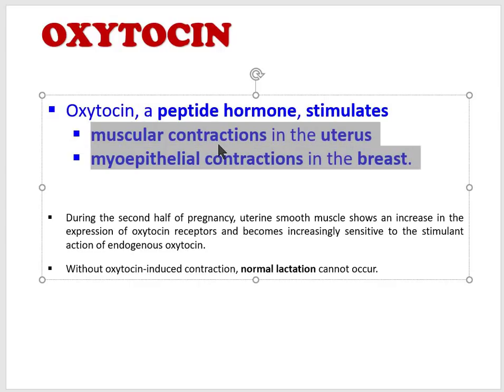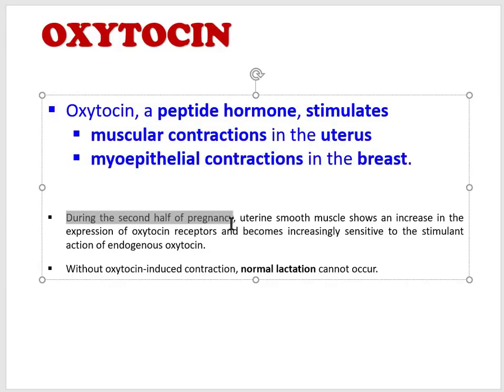It induces muscle contraction in the uterus and myoepithelial contraction in the breast. So this is responsible for childbirth, and this is for normal lactation, right? And as I told you, Mother Nature is so beautiful that during the second half of pregnancy, the uterine smooth muscle becomes very sensitive to stimulation by endogenous oxytocin.